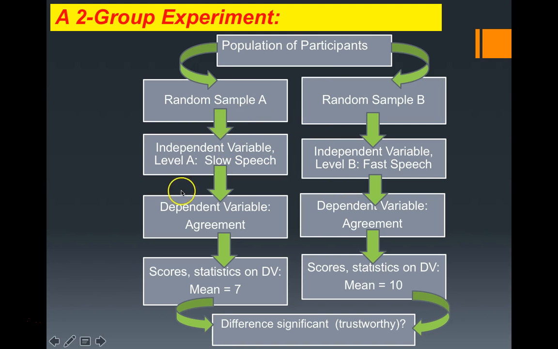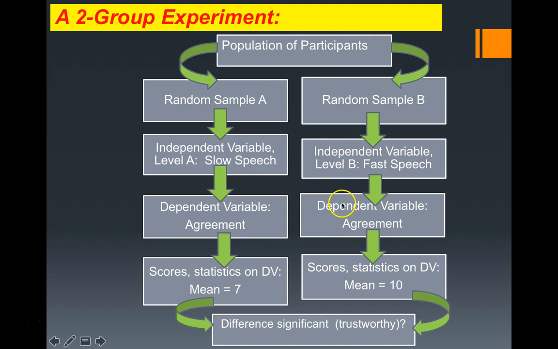The only thing that differs between these two samples of participants is that these guys got the slow speech, these guys got the fast speech. That's the only thing that differs.